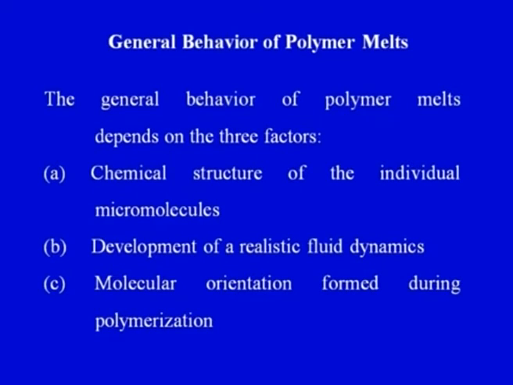Now these particular factors need to be considered when we plan to discuss any of the processing techniques for plastics. One important point is the chemical structure of the individual macromolecule. In the previous lecture we have seen that different types of structures are there. That was the important point to emphasize: why is our topic processing, but we are talking about the structure?